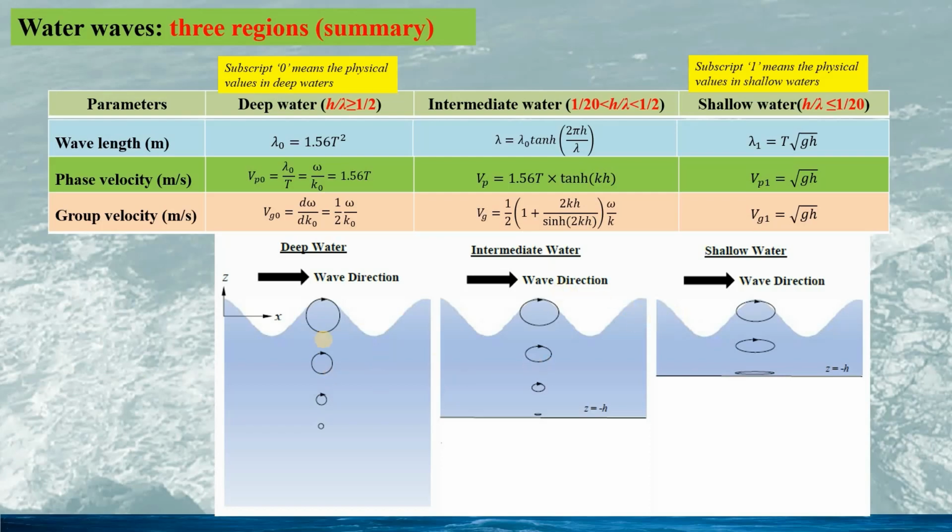In deep water, the water particle motion is a circle, and the size of the circle decreases with the increase of the vertical position in water. But in finite water depths, the water particle motion is elliptic, and in shallow water, the horizontal size of the ellipse is a constant, independent of the vertical position z.